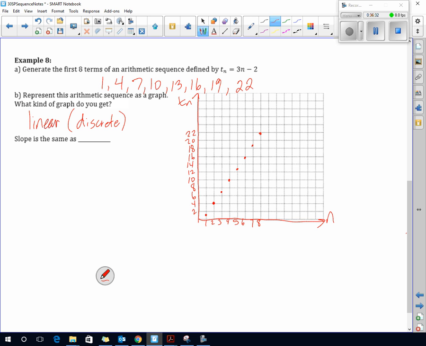Do you see? It's going up by 3. That's your common difference. And look at that, we're done here. Up 3 over 1, yes? Look, you're going up 1, 2, 3 over 1. The scales aren't the same, right? This is going up by 2s, this is going up by 1s.